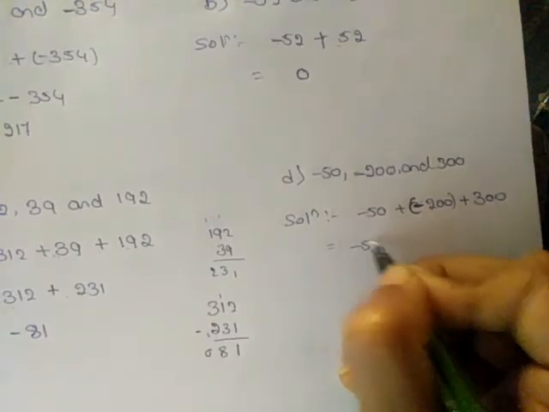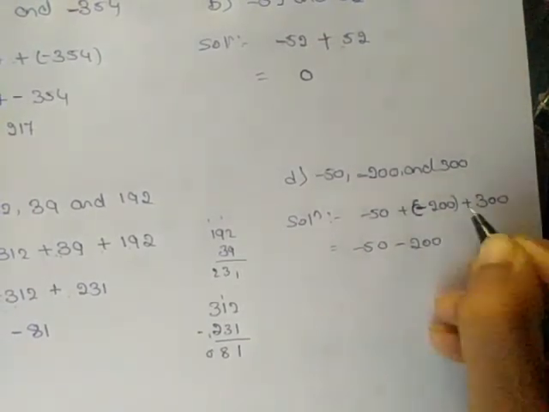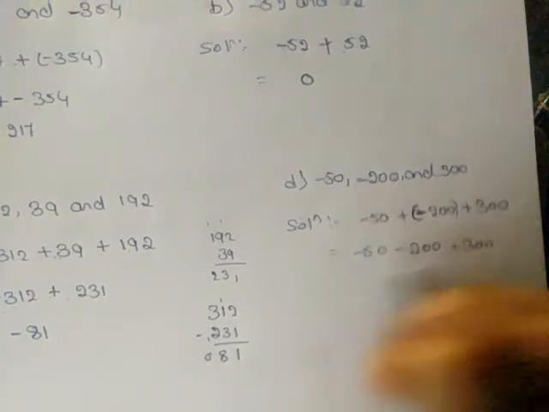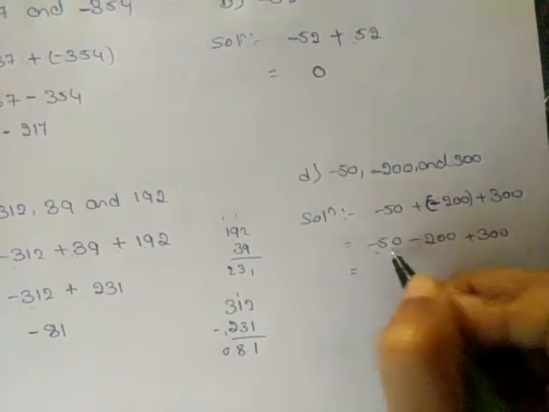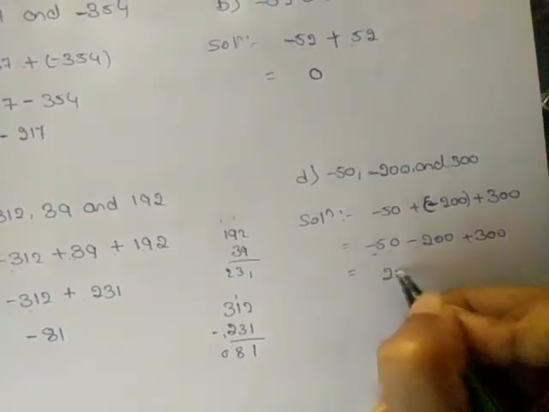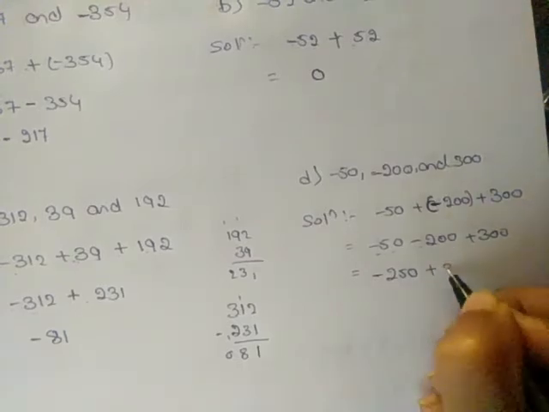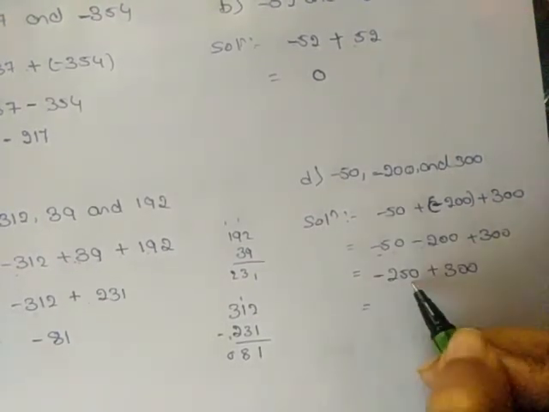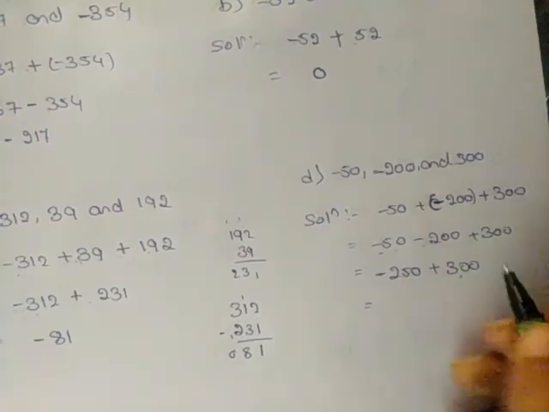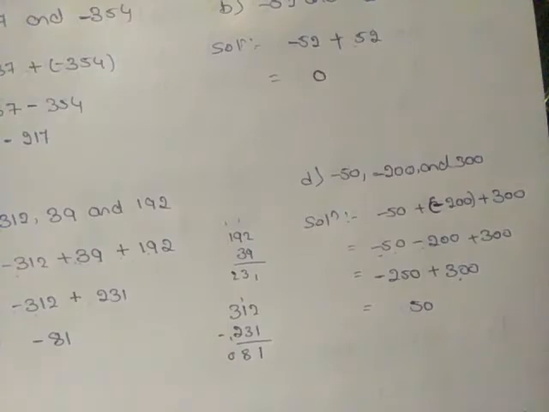Next we'll keep minus 50 as it is, plus into minus, minus 200 plus 300. Now these two have the same sign, so we'll add them, 50 plus 200, 250, bigger number sign, minus, plus 300. Now if we minus 250 in 300, we will get answer as 50, bigger number sign, plus.